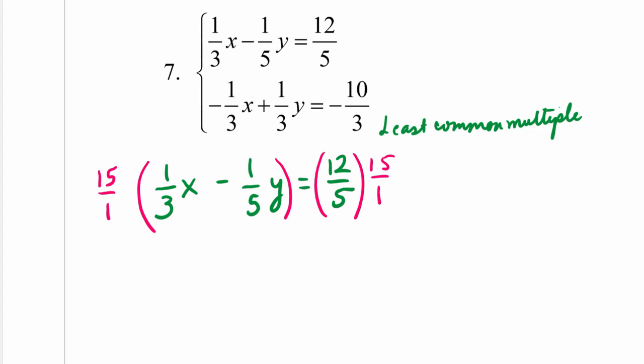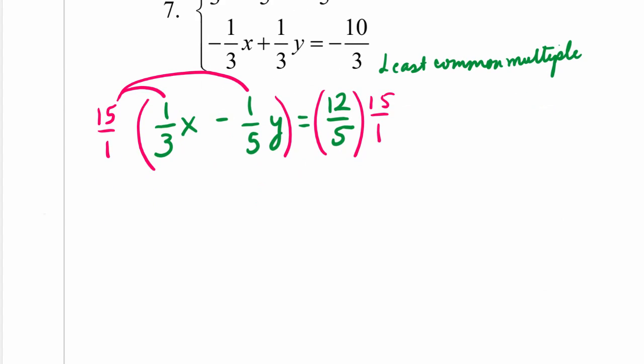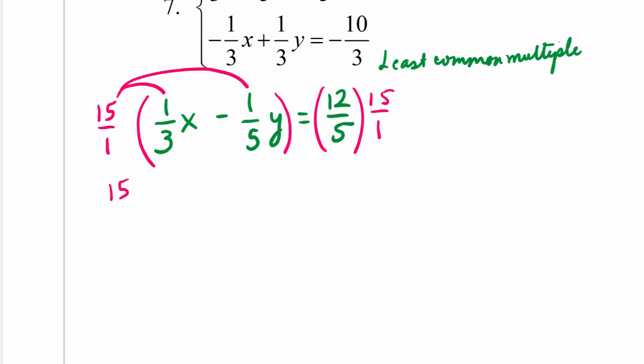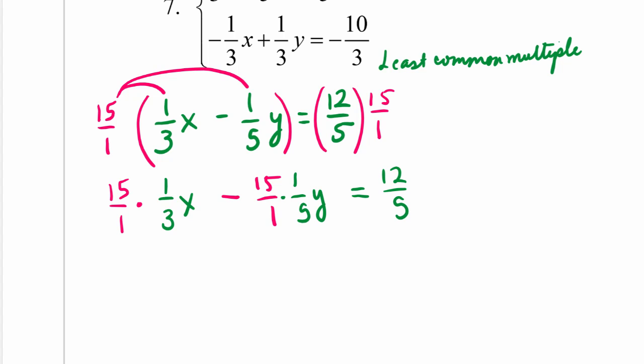Okay, so both sides. Now we are going to distribute here on the left-hand side. I'm going to write down the middle steps so that you can see how I've distributed that 15, especially that second term here with the 1/5 y, because sometimes students miss that. And so here is our rewritten first equation with that least common multiple throughout.